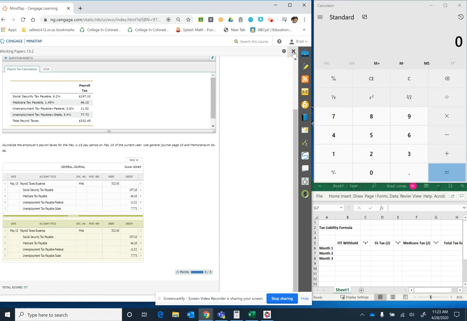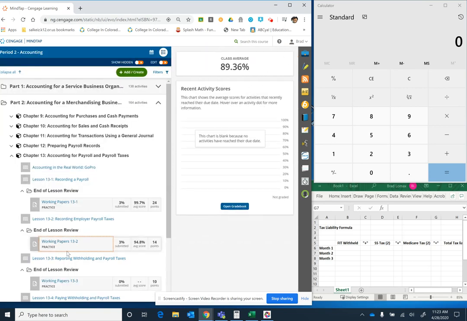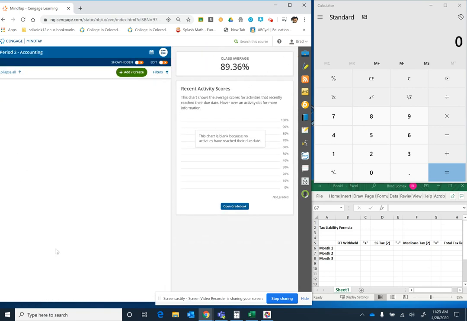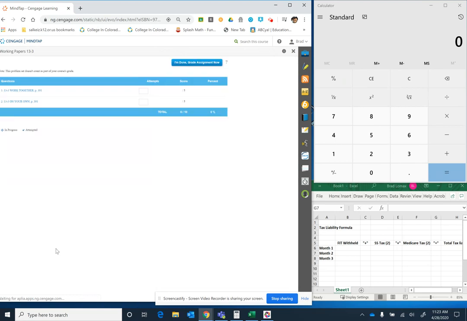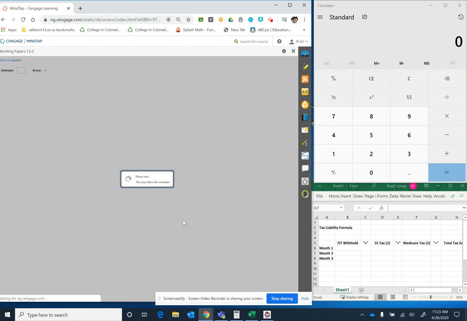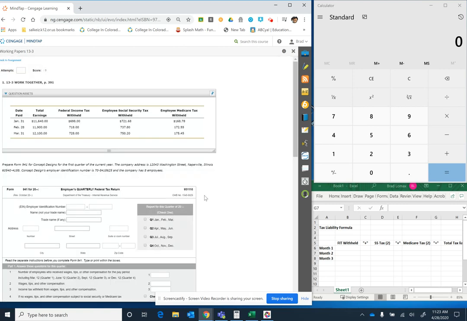Now, in chapter 13, we're going to be reporting our taxes to the federal government. We're going to record it for the first quarter. A quarter is the first 3 months of the year, so January, February, March, we could record it for.